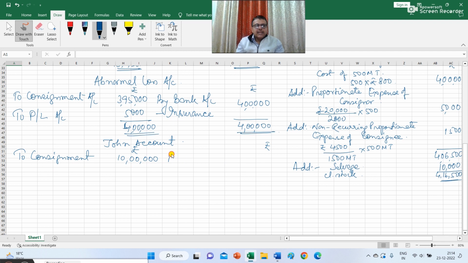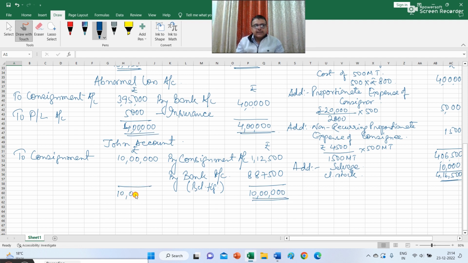And the amount which was retained by John was rupees 1,12,500. So I have to write here consignment account debit to John account. This is 1,12,500. And the balancing figure was remitted by John to Ramesh, and the figure is 8,87,500. So sum total of debit and credit side is rupees 10 lakh.